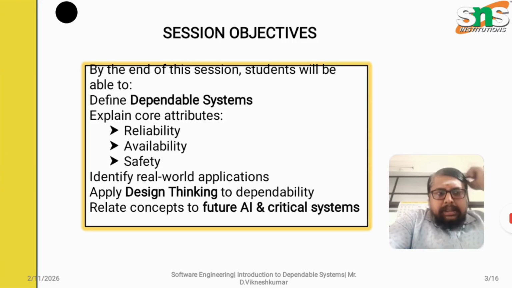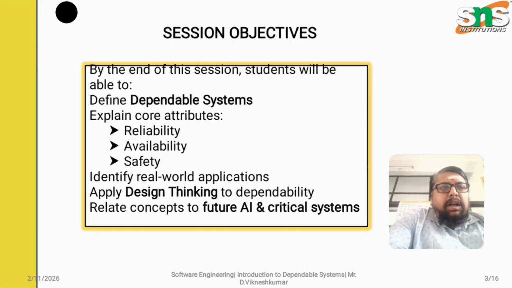That is, in this session we are going to define a dependable system, see the core attributes such as reliability, availability, and safety, identify real-world applications, and apply design thinking to dependability.